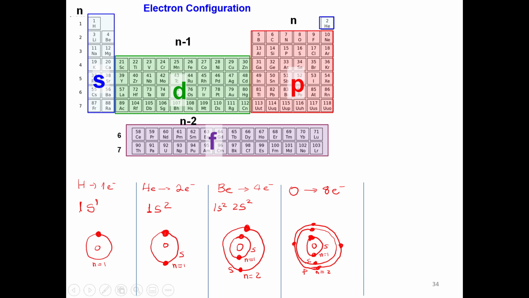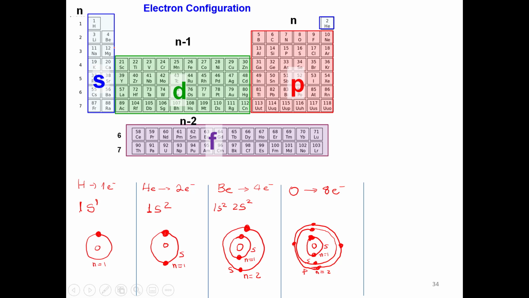See, this corresponds to the first orbit, n equal 1. These two subshells correspond to the second orbit. And now let's try to write the electronic configuration using the periodic table and compare with this diagram we had here.